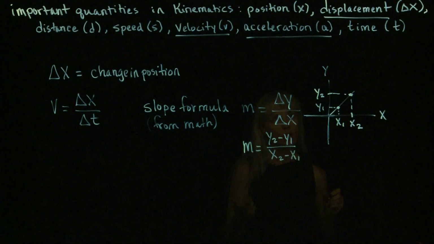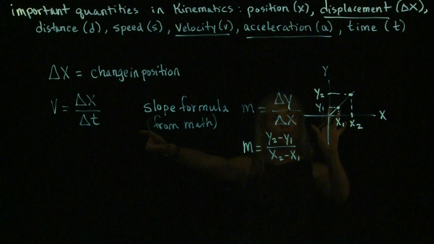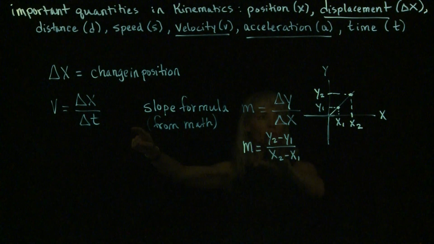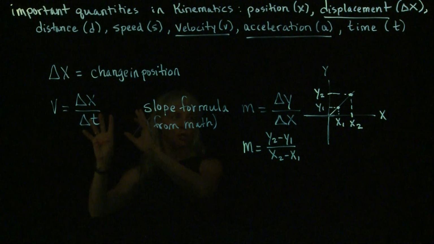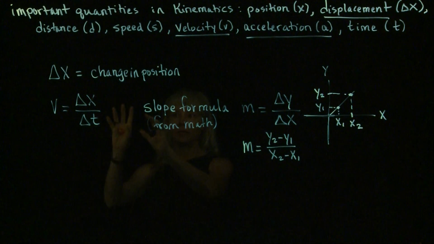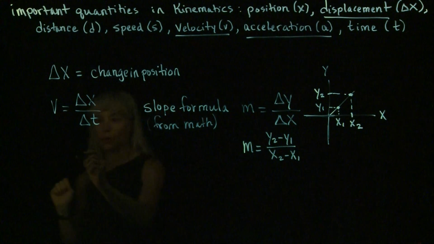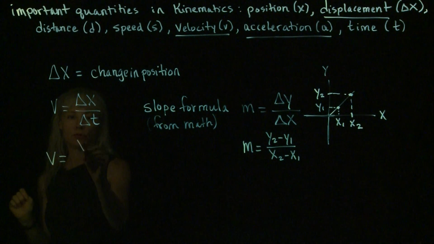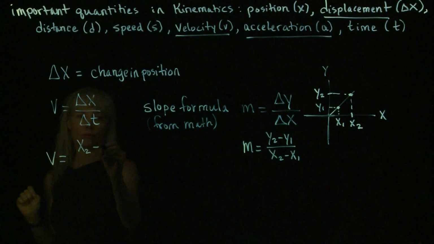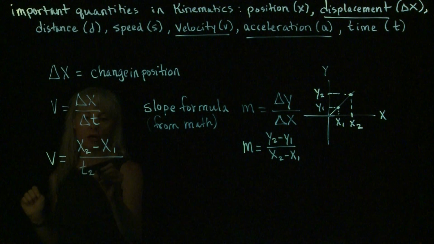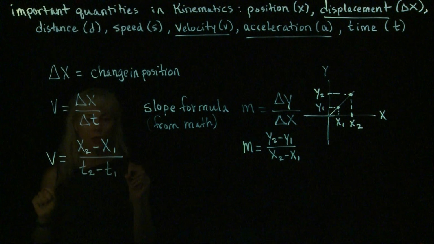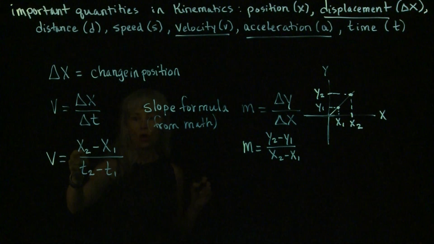Well, notice that if we change the axes, we can use this same information that we gleaned in our math classes and transfer it to looking at how velocity is related to position and time. So velocity is going to be equal to some final position minus some initial position divided by some final time minus some initial time. Notice this is rise over run on the position versus time graph.